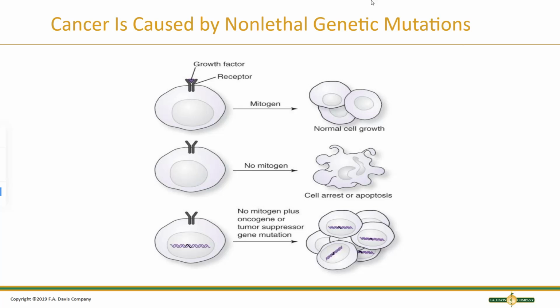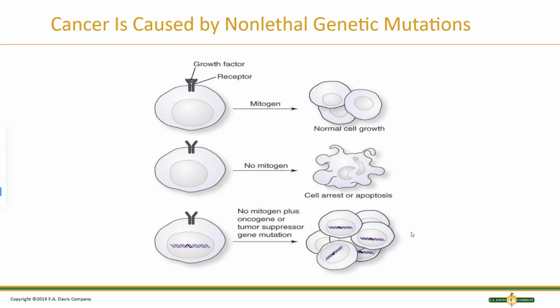So we have growth factor, the receptor, a mitogen produces normal cell growth. Here we have a mutation that happened, there's no mitogen, cell arrest or apoptosis, the cell dies. Here, no mitogen plus an oncogene is mutated, or a tumor suppressor gene is mutated, and then we have uncontrolled cell division.